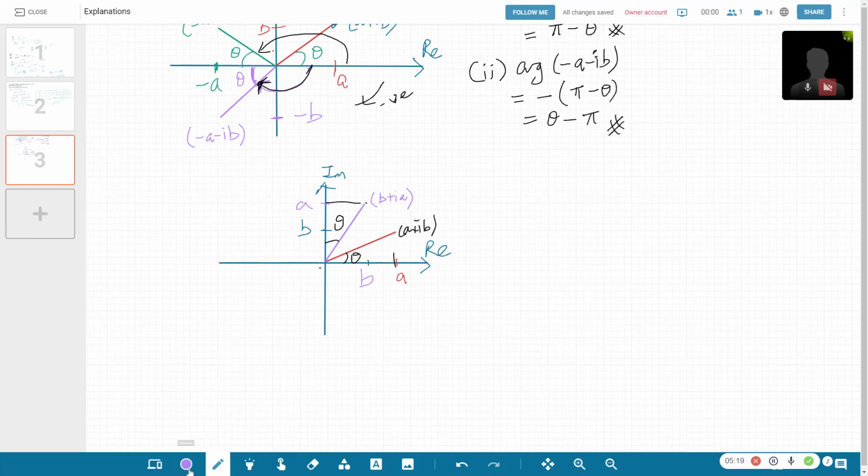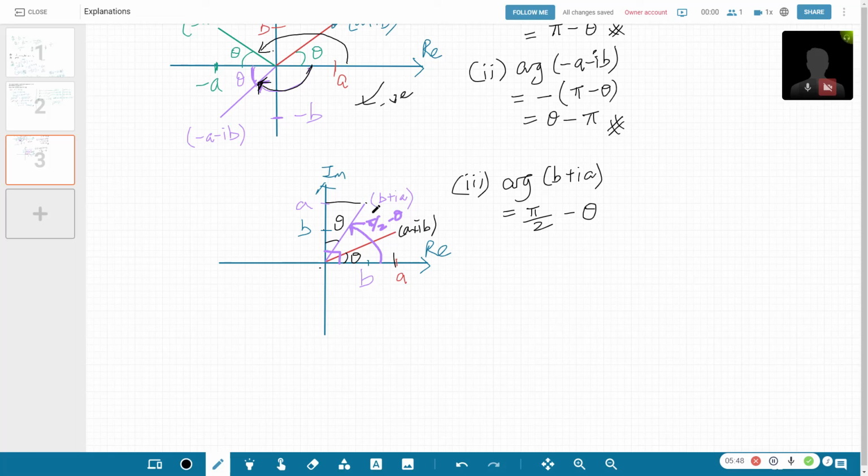To get your angle, this will be the argument, and you can see that it's going to be pi over 2 minus theta, because this is pi over 2. So for part 3, it's pretty simple. The argument of b plus ia is equal to pi over 2 minus theta.